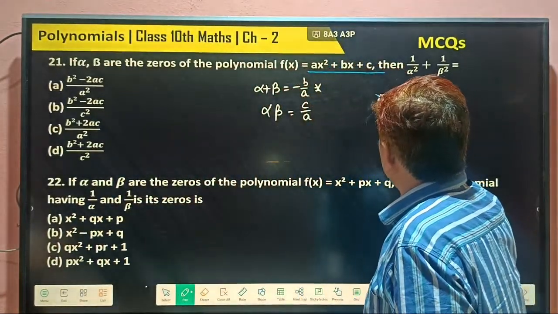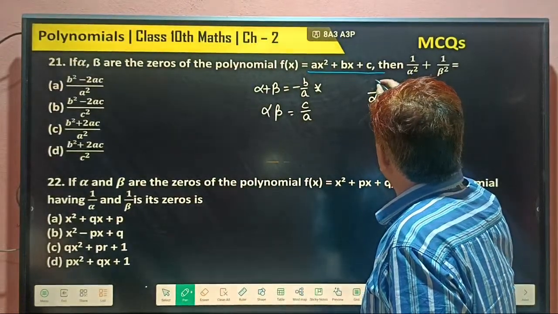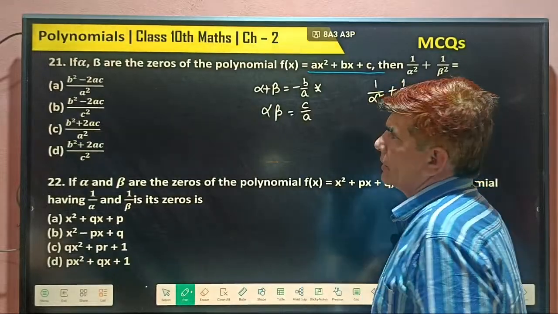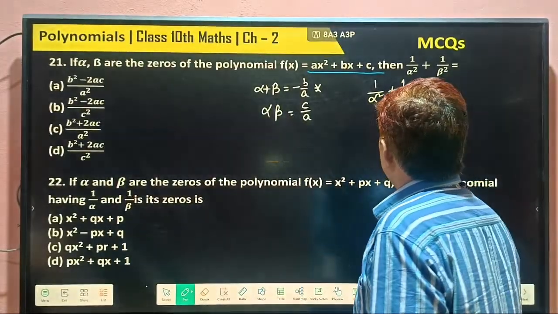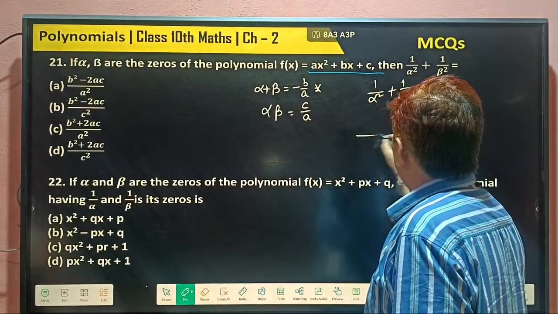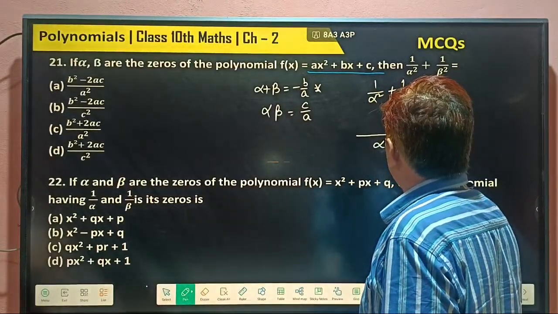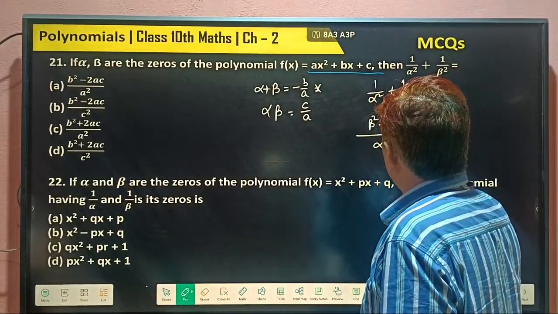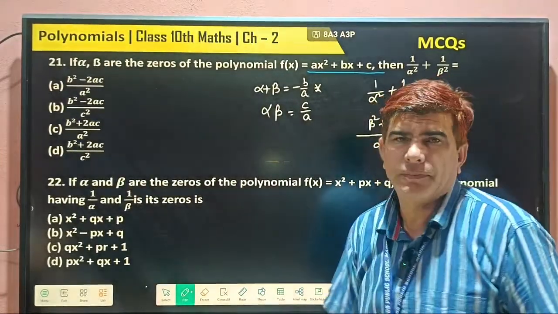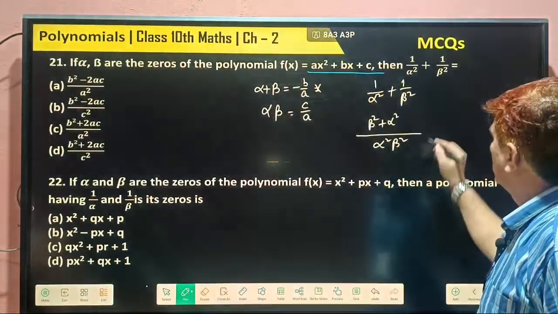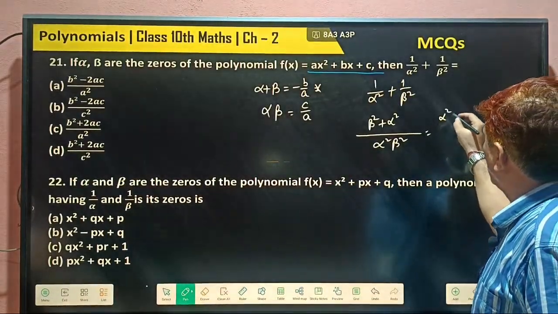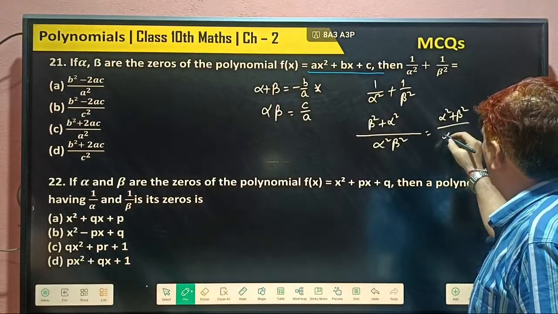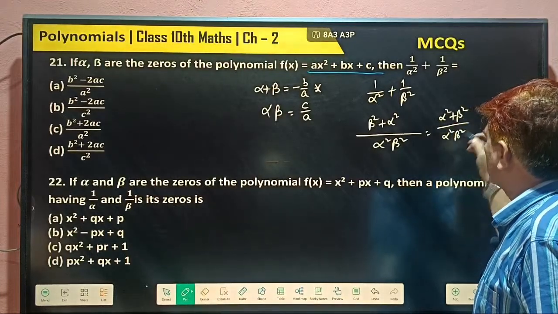You have to find out 1 by alpha square plus 1 by beta square. So how can we write? This is, their LCM is alpha square beta square, here coming beta square plus alpha square. Coming or not? And this we can write alpha square plus beta square by alpha square beta square.